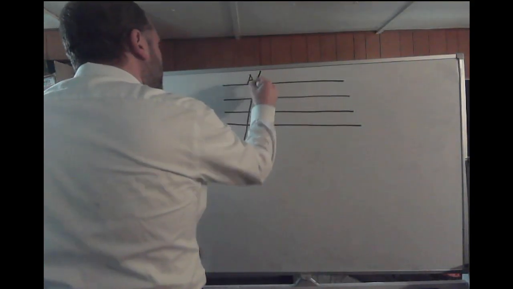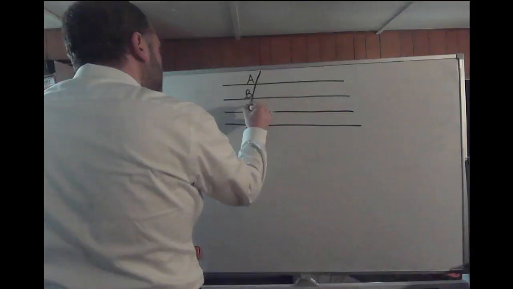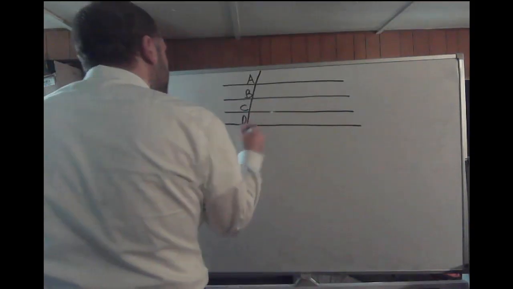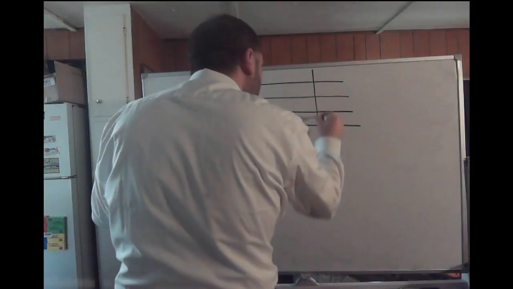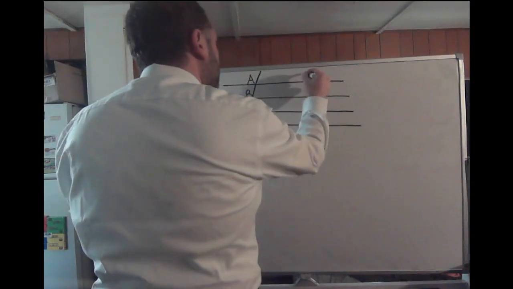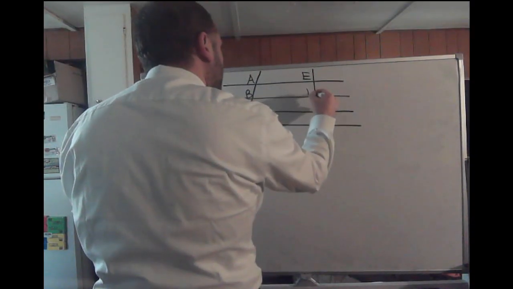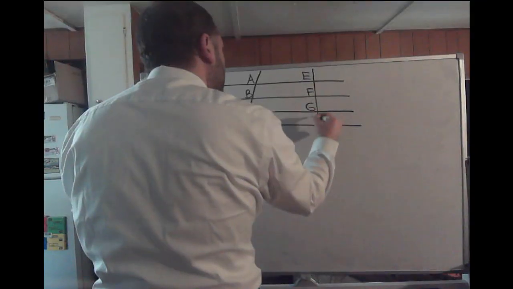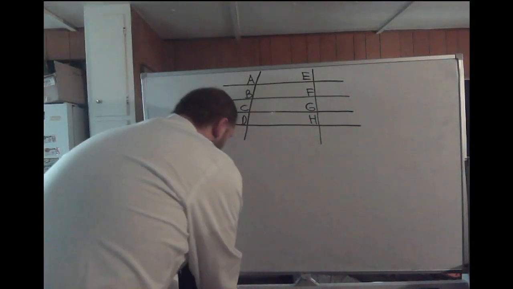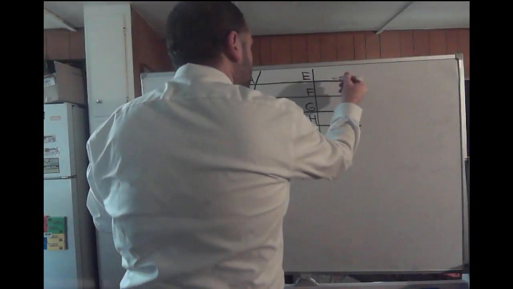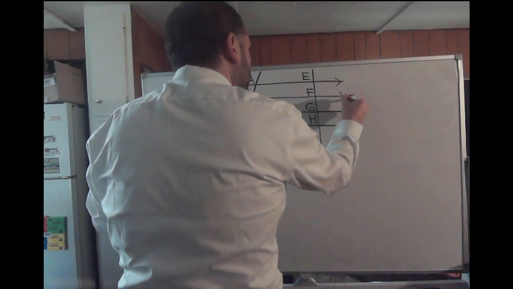Here's point A, here's point B, here's point C, here's point D. This one goes straight up. Here's point E, here's point F, G, and H. We are given that each of these lines is parallel to each other.